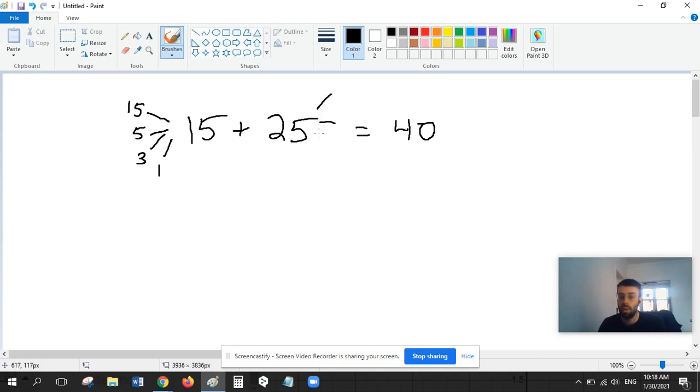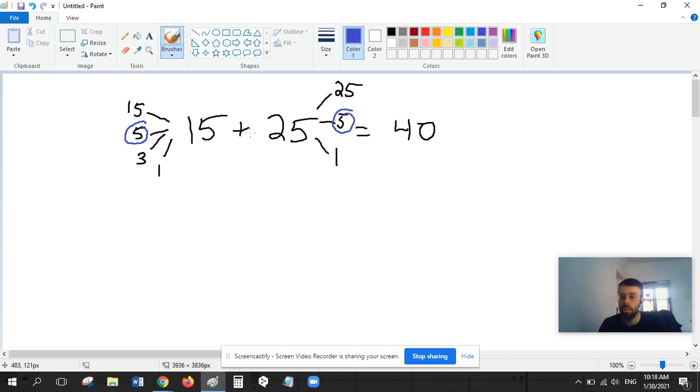The factors of 25 are 1, 5, and 25, if I'm not mistaken. So the GCF of these two numbers is going to be 5. So now I'm going to factor out.